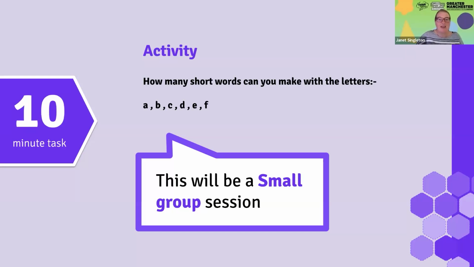It says 10 minutes, but it probably won't take you that long. Once you're done as a group, by all means come back into the main session, but I'll close it in about 7 minutes. I'll take it to 1 o'clock. I've created the rooms, and then please just choose one spokesperson for your group to feed back on how many words you've got, and then we might have a bit of a discussion on what you've come up with.